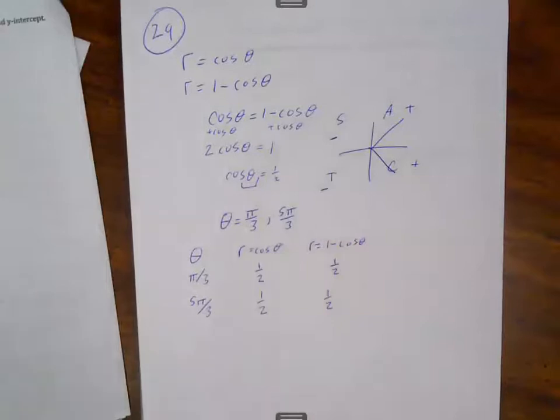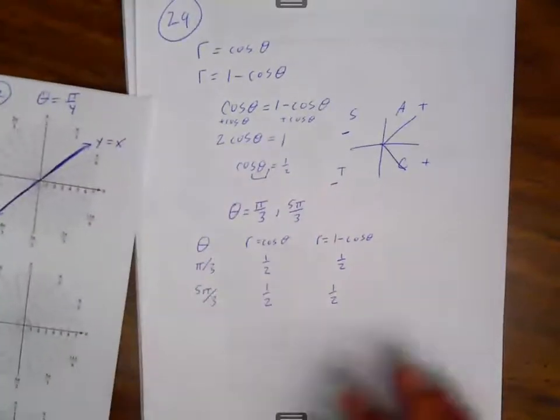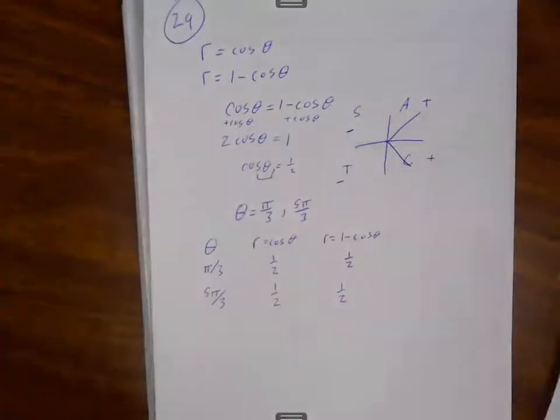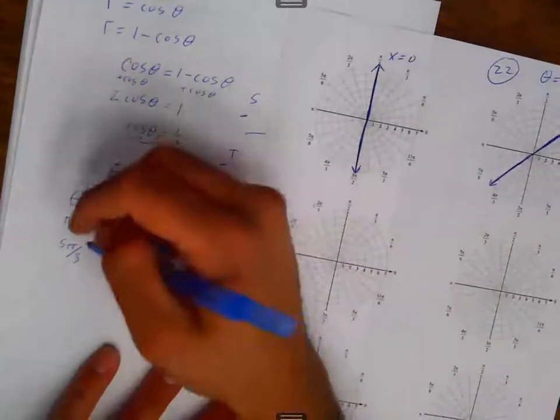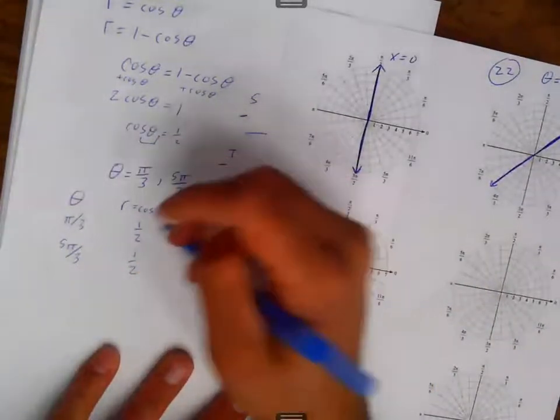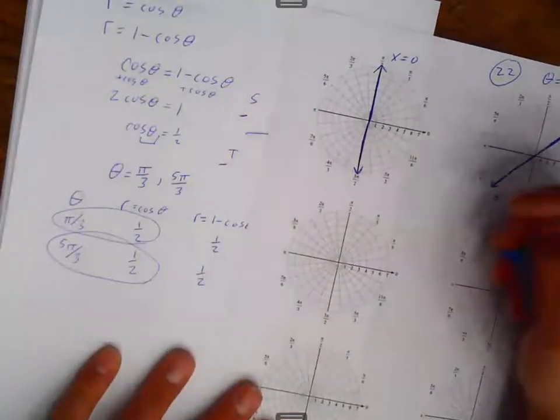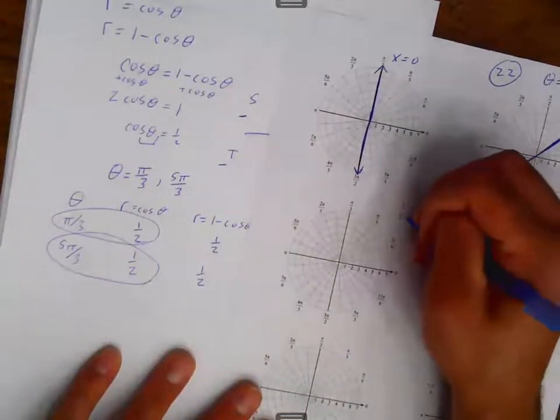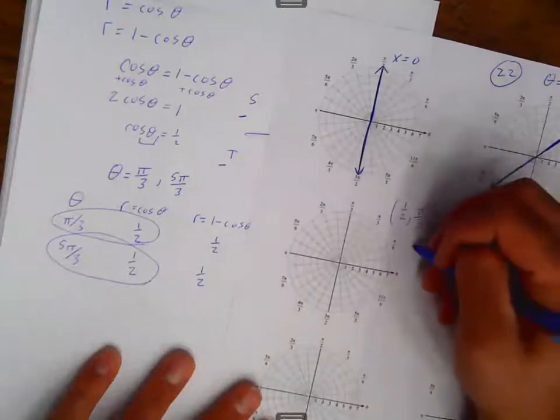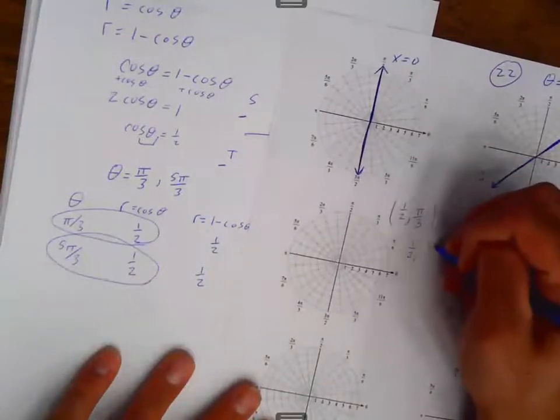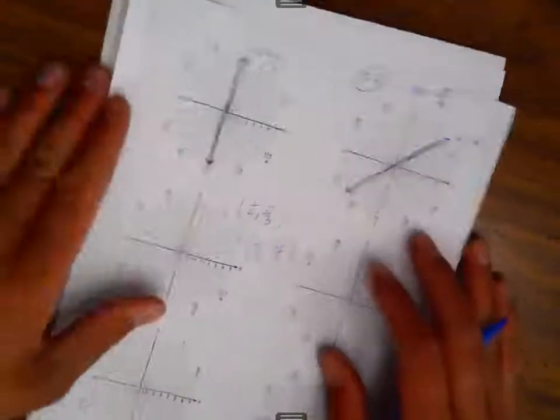So if we look at a polar grid, we have 2 points right here. We have the point (1/2, pi over 3) and also (1/2, 5 pi over 3). These aren't repeated points.